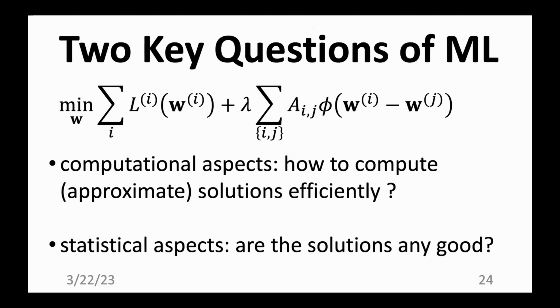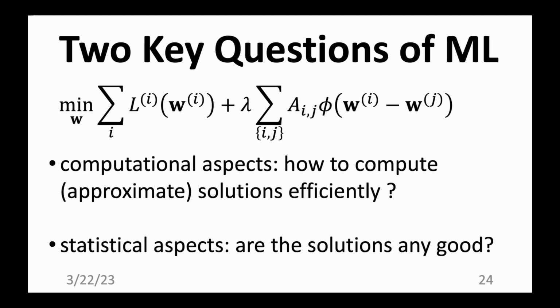So the two key questions we ask in machine learning are, first, the computational aspects: how to compute the solutions efficiently, so how do we find good model parameters that minimize this objective function? And the second question is, are the solutions statistically useful?